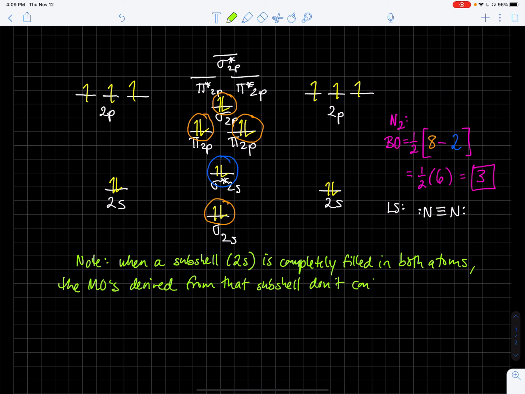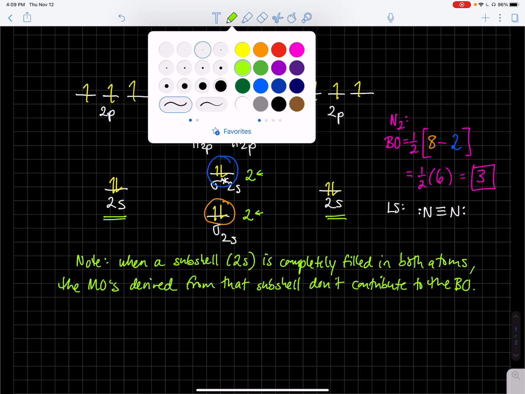And I'll say what I mean by that in a second. I'm taking time to say this just because it makes our diagram a little easier to draw. What I mean is that because the 2s orbitals were completely filled here, we had 4 electrons to put in, and that means we put 2 here in the bonding and 2 in the anti-bonding. So in the bond order formula, we subtract these off from these. It's the same number of electrons. So the total contribution to the bond order is 0.